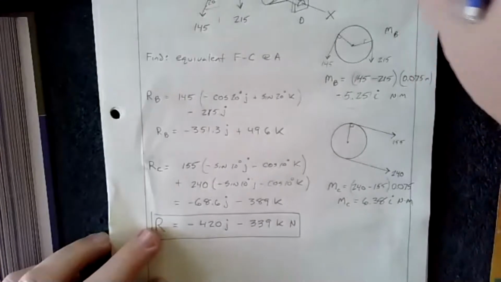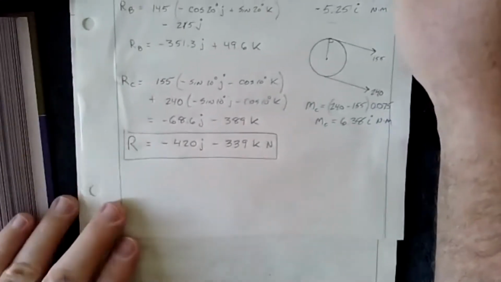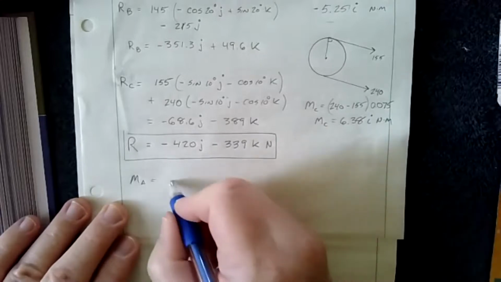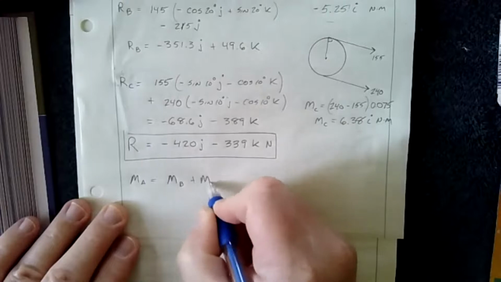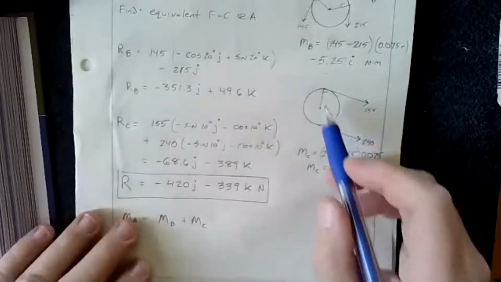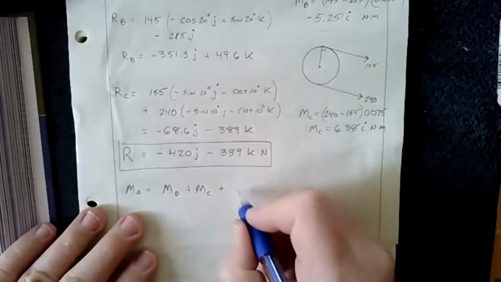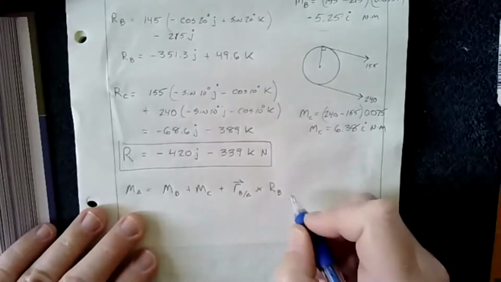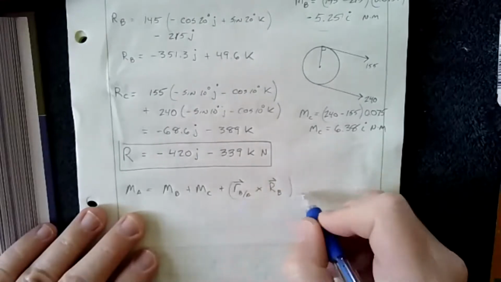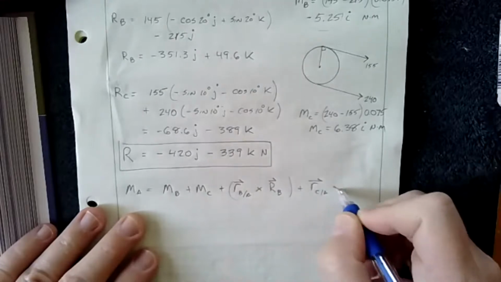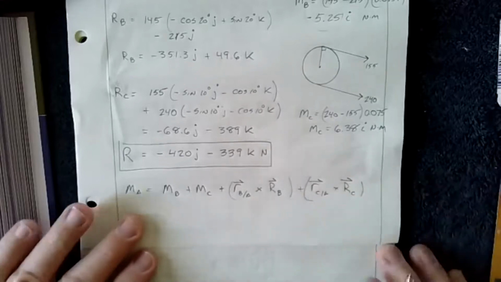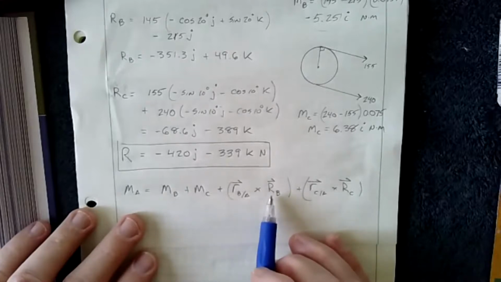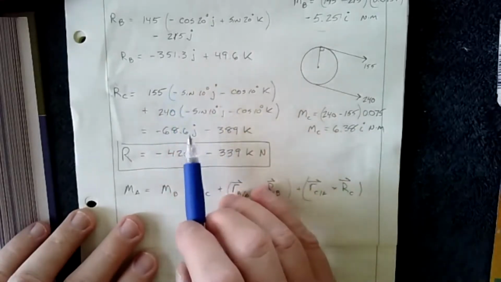So then what we have to do now is figure out the moment at A. That's going to be equal to the moment at B plus the moment at C. Now remember, those were this and this, but we also have to add to that R_B relative to A, crossed with the force at B, and then plus R_C relative to A, crossed with the force at C. So what we're doing is taking the distance from A to B, crossing it with whatever that force was at B. We have that up here, and then we have R_C right here.